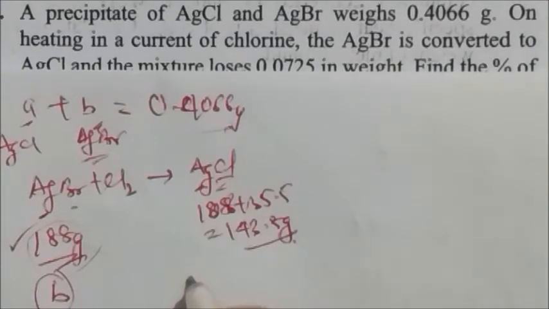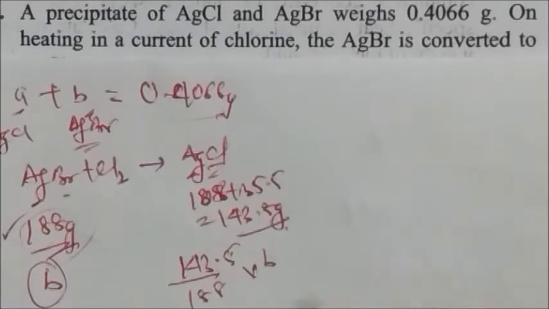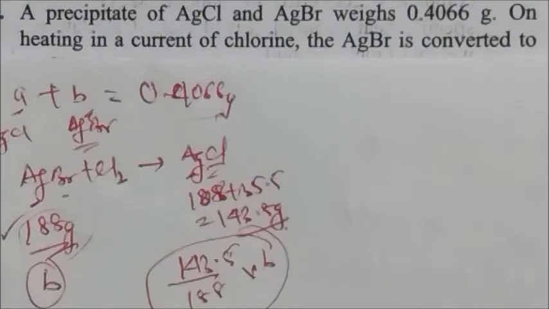We can write 143.5 divided by 188 multiplied by B. So this much of B gram is converted to AgCl.